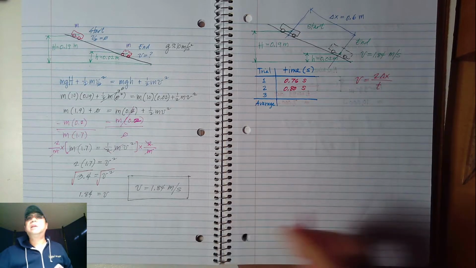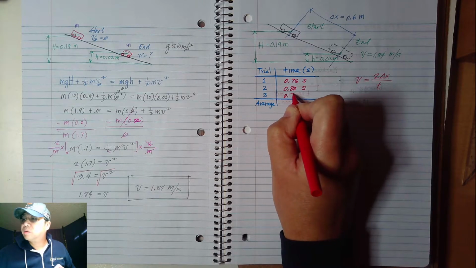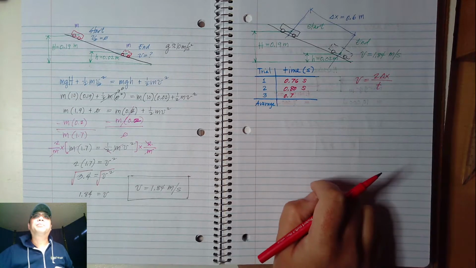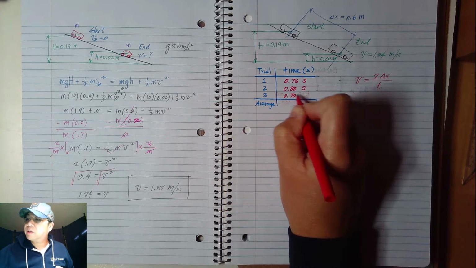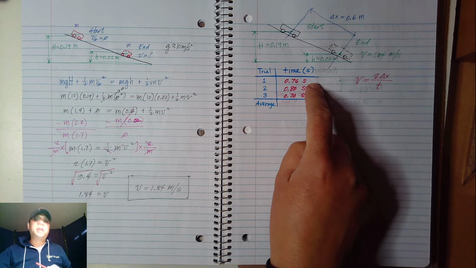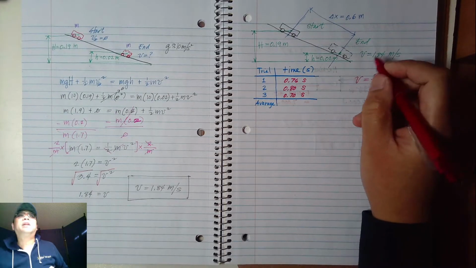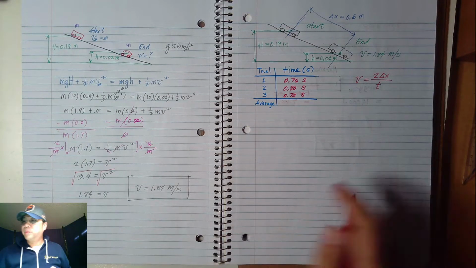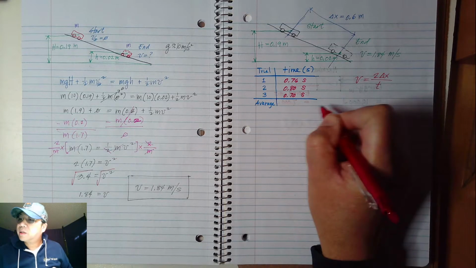And last but not least, let's say another student measured the time using the stopwatch at 0.7 seconds. So, three attempts. Now, the first thing that we should do is take the average of those three numbers. Taking the average of all three numbers is to add all of them, and then you divide it by the total number. So in this case, what is the average?